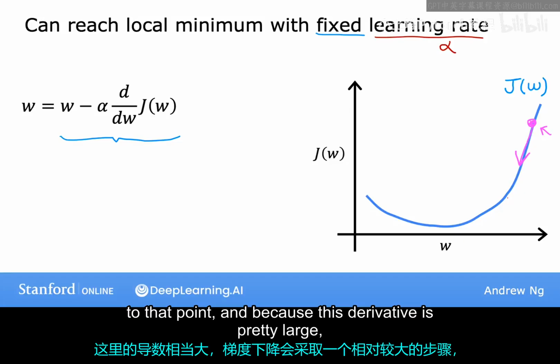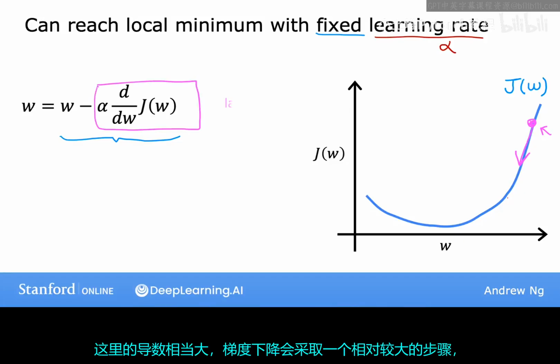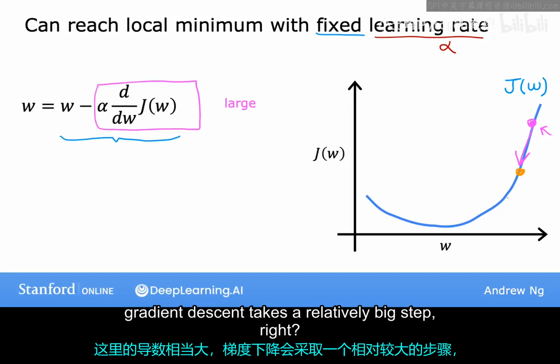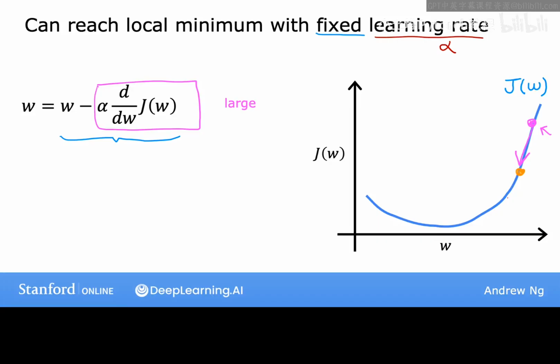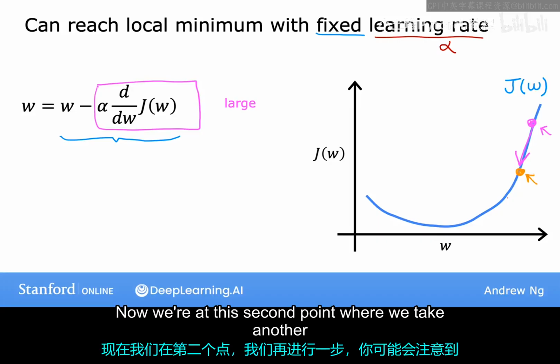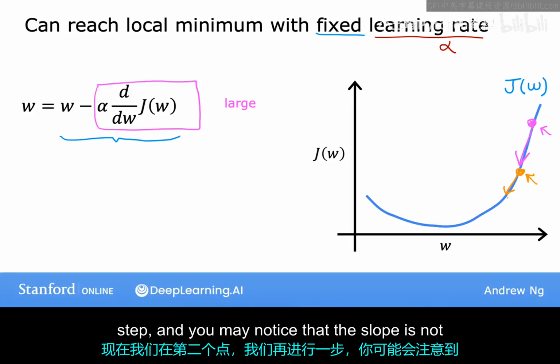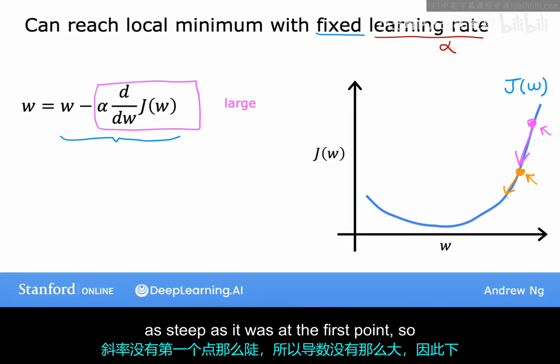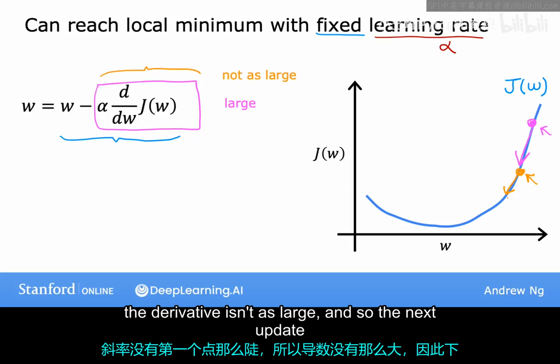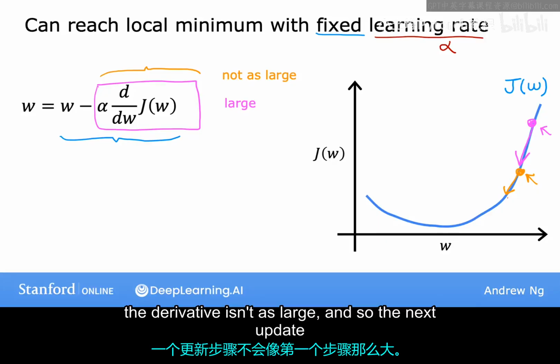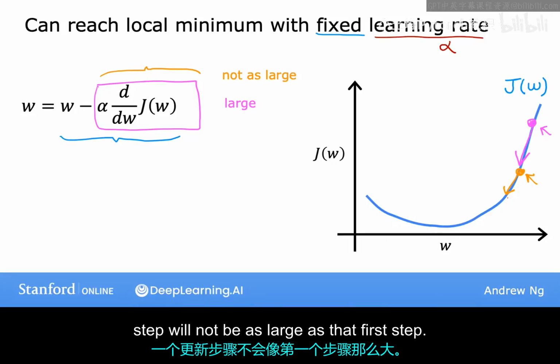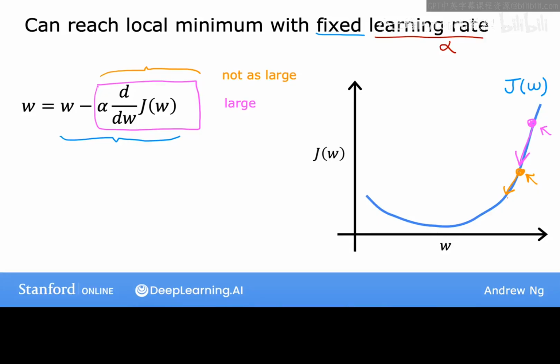And because this derivative is pretty large, gradient descent takes a relatively big step, right? Now, we're at this second point, where we take another step. You may notice that the slope is not as steep as it was at the first point, so the derivative isn't as large. And so the next update step will not be as large as that first step.